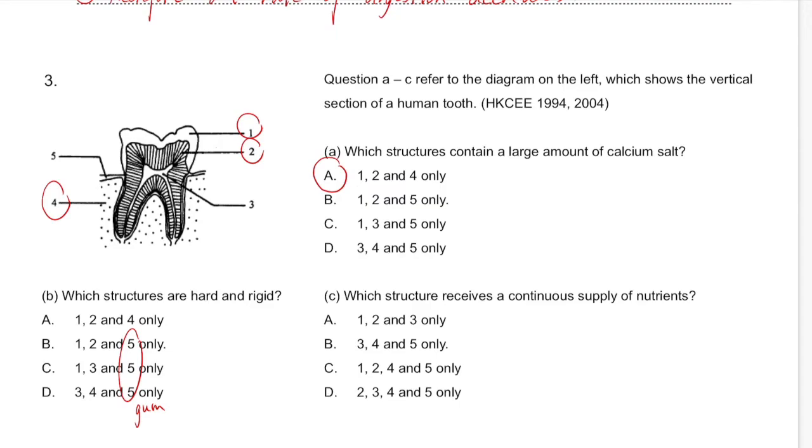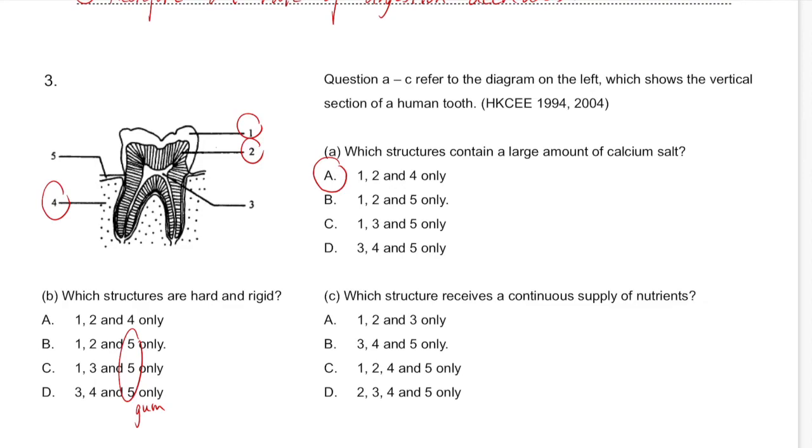If it contains living cells, that means it needs a supply of nutrients, and it also means that this part can repair itself if it gets damaged. So those parts that have living cells should be able to do it.